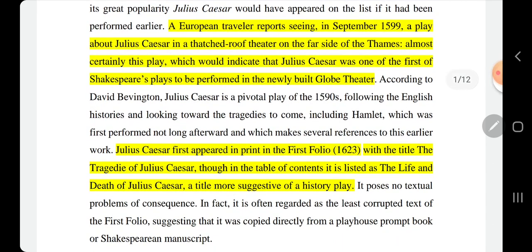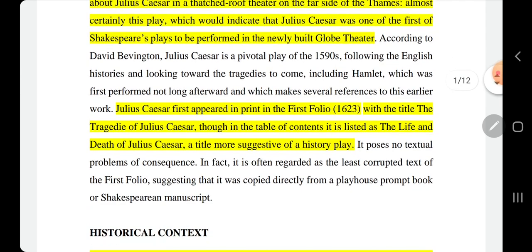They believe that Julius Caesar was one of the best plays at that time, and especially it was a tragedy. And after Julius Caesar, Hamlet was also performed on the same stage.